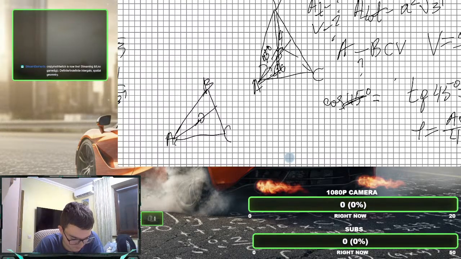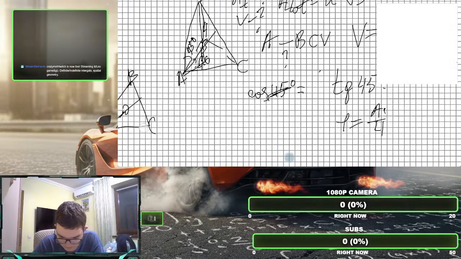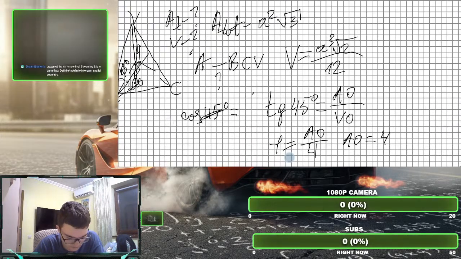So, basically, you solve for tangent, and you will get that square root of 3 divided by 6, what? So it's 4.